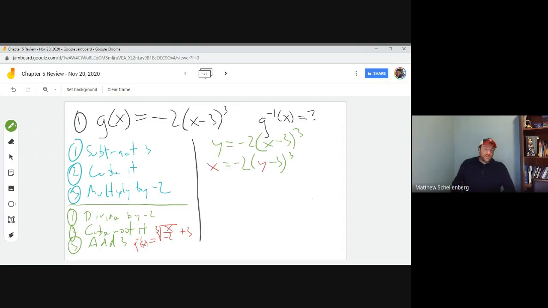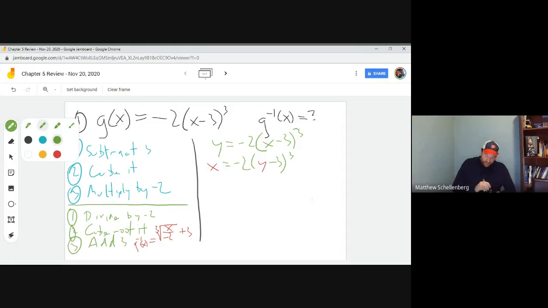To isolate y, it's kind of like the steps method, but I think it's slightly more intuitive, but you can disagree. We have to get the y by itself, so we have to get rid of the layers around it. The way we get rid of layers around it is by doing the opposite.